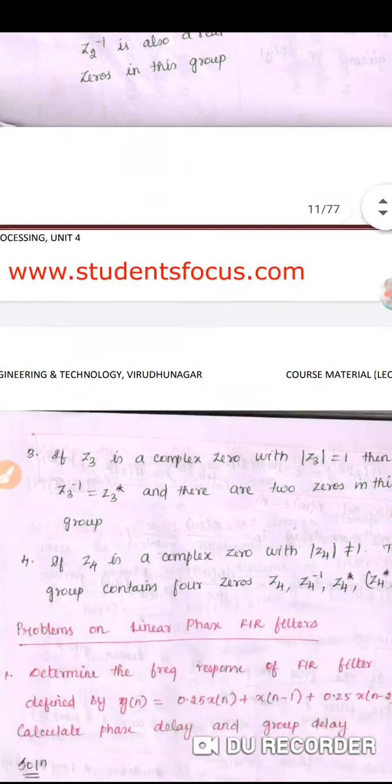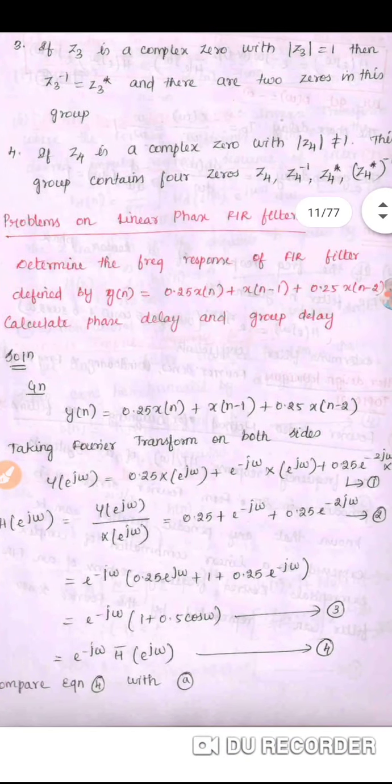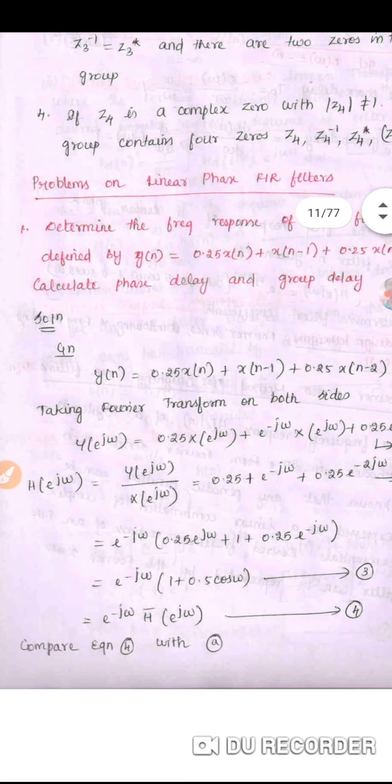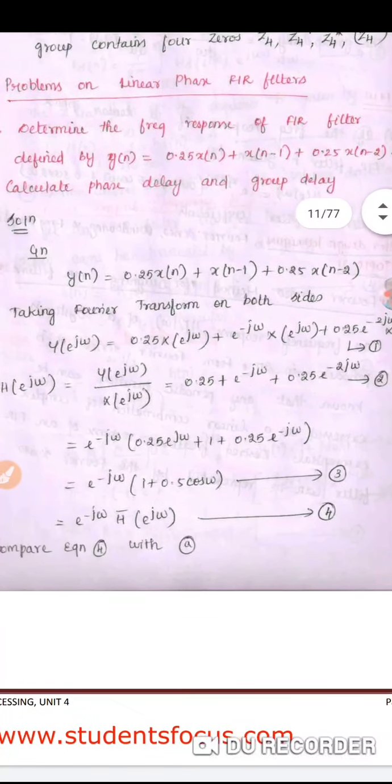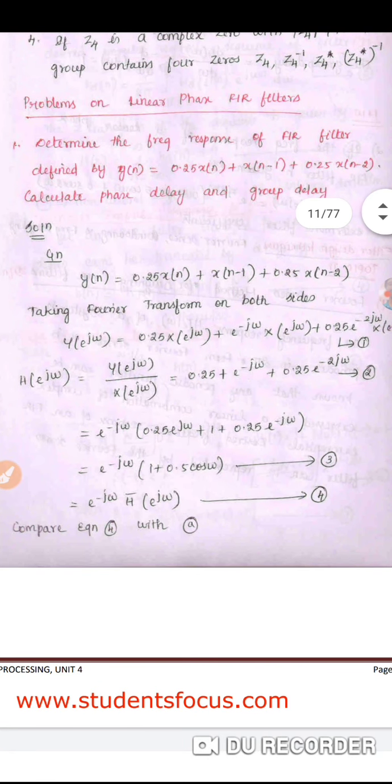Now let us see one problem on linear phase FIR filters, and I will give one homework problem for you to solve. Determine the frequency response of the FIR filter designed by y of n equal to 0.25 x of n plus x of n minus 1 plus 0.25 x of n minus 2.